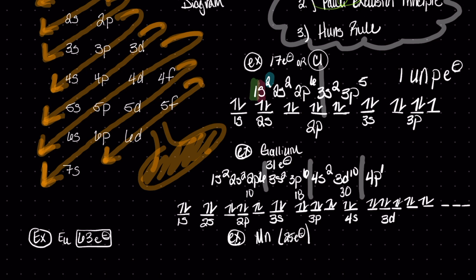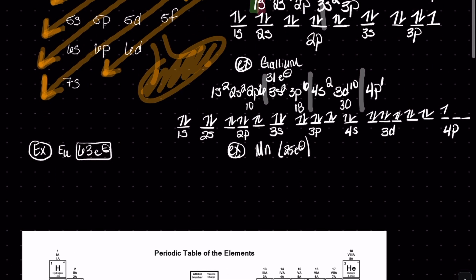I know my p orbital has 3 orbitals with 1 electron in it, which is just reflecting 4p. Okay? Pretty straightforward. Now, let's do these other two.